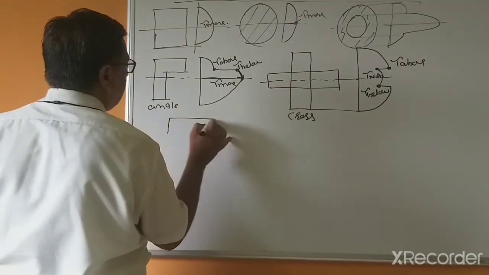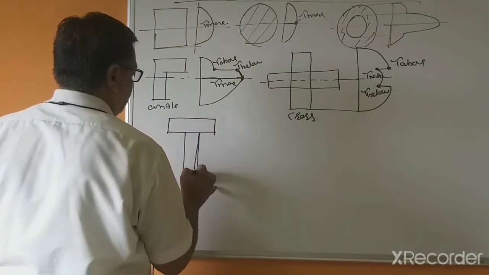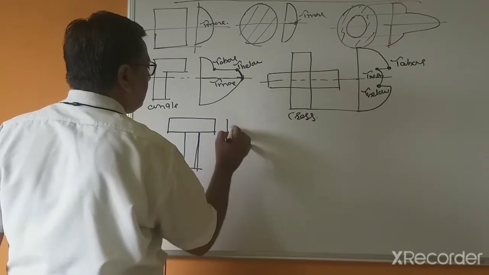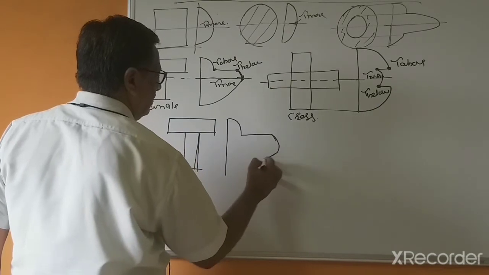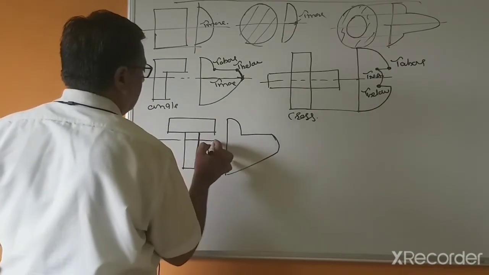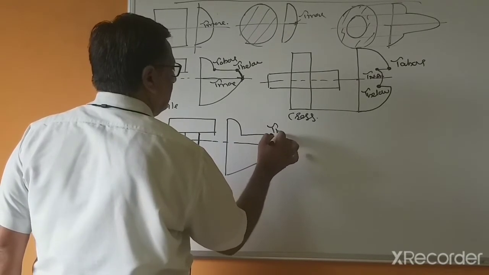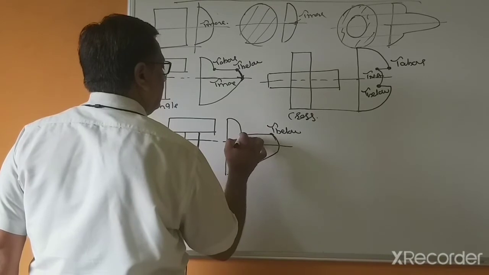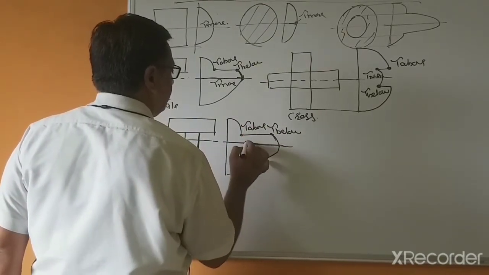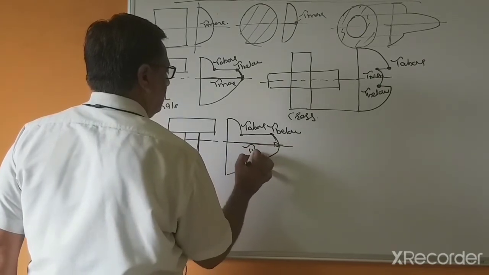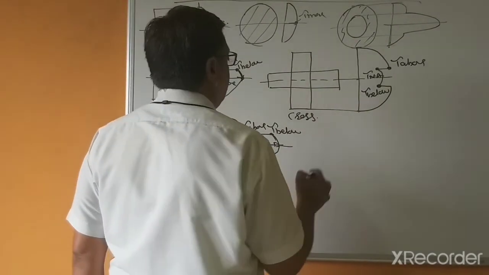For T section, again this is, so this is below, this is above, and this is max, tau max. Now I section.